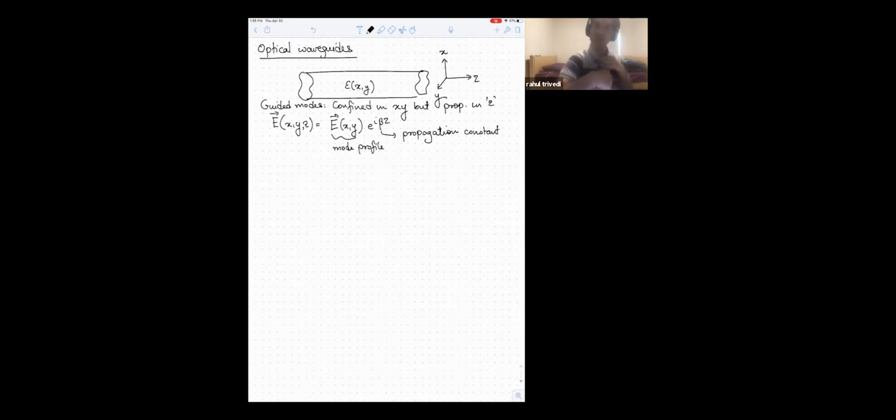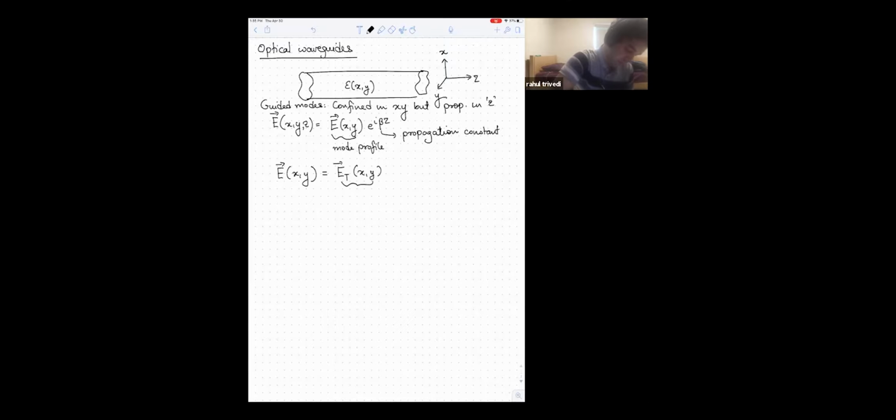So the mode profile for dielectric waveguides, which are waveguides made up of real permittivity distributions, has a very specific form, as I told you yesterday, though I didn't really derive this. It says that if you decompose this mode profile into its components perpendicular to the waveguide and parallel to the waveguide, you have a transverse component, let's say E_T, as a function of x comma y.